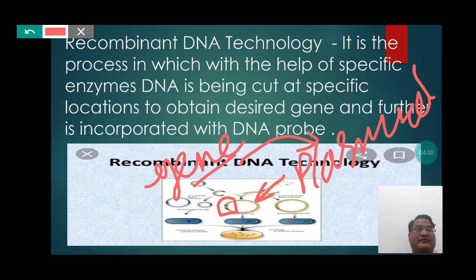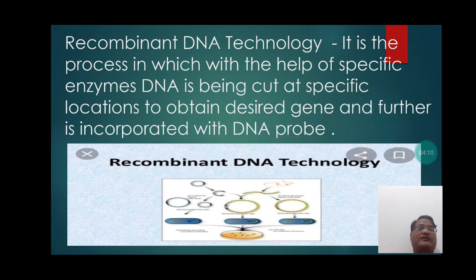Further, it has been introduced inside the bacteria and finally has been cultured to obtain the multiple copies of the DNA, where it is finally incorporated with the DNA probe.